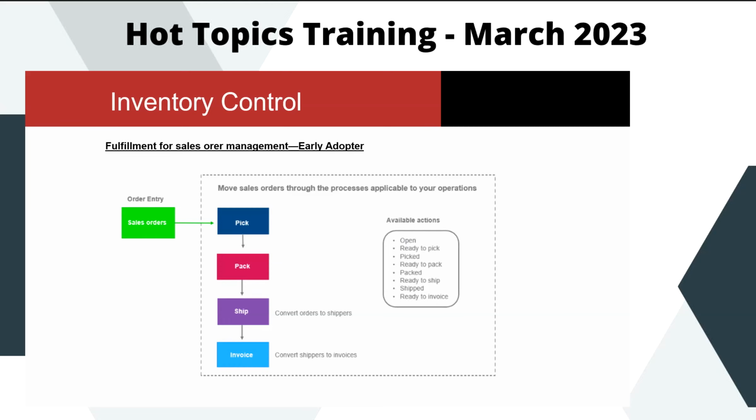And once that package is packed correctly to your business, you can have that be available to be shipped. And then once it's shipped, you can have that be ready to be invoiced. So this gives a lot of manufacturing firms the inventory control to gauge where in that fulfillment process their products are for their customers to be sent out.